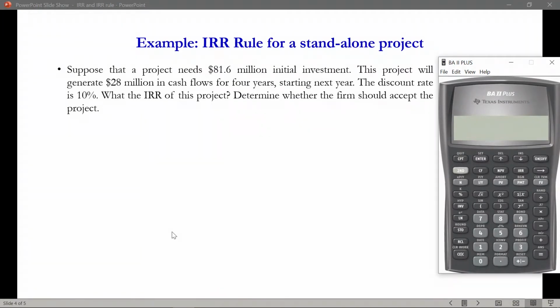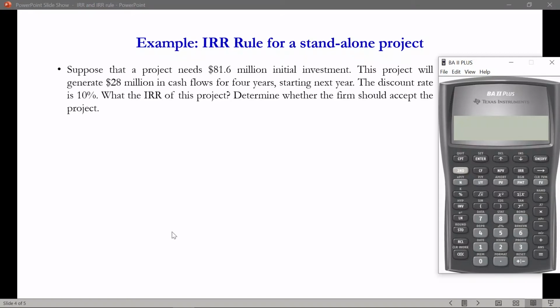Suppose that a project needs $81.6 million initial investment. This project will generate $28 million in cash flows for 4 years, starting next year. The appropriate discount rate for this project is 10%. The questions ask what is the IRR for this project, and also determine whether the firm should accept this project or not.